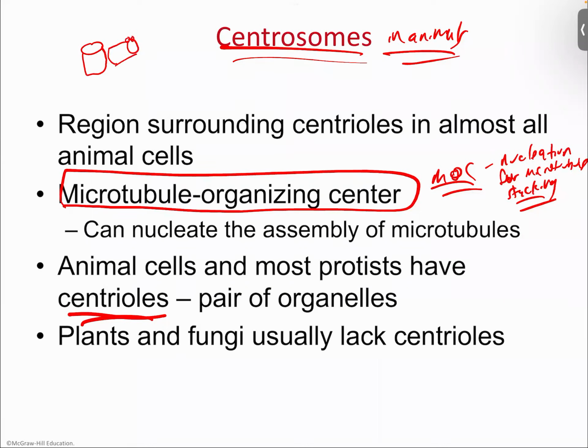So this is actually made up of microtubules. Each one of these little drums is a centriole, and both of these together is a centrosome. So this represents the microtubule organizing center in animals.